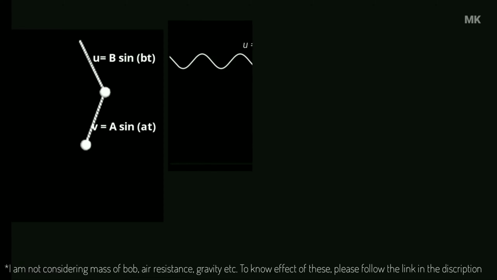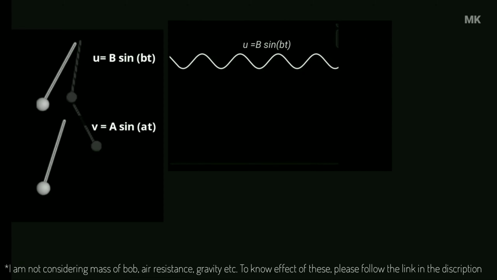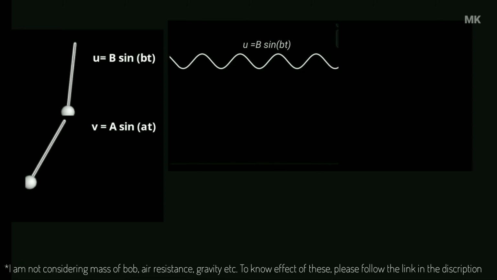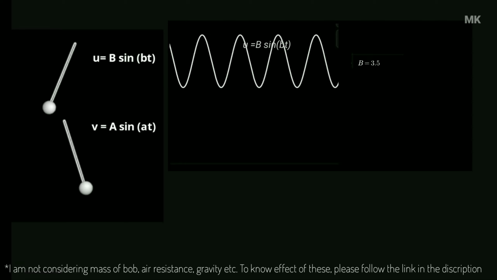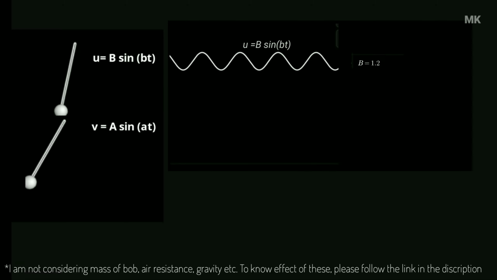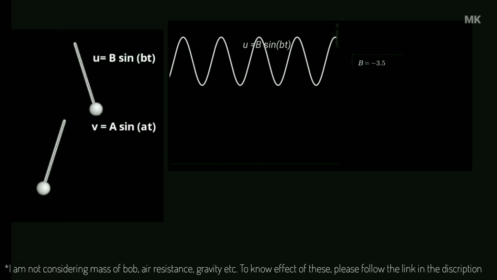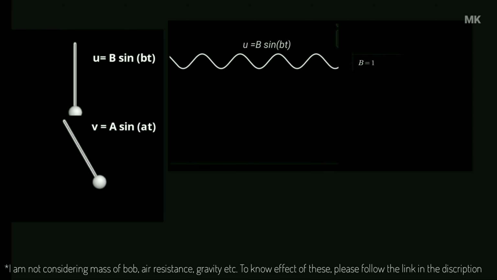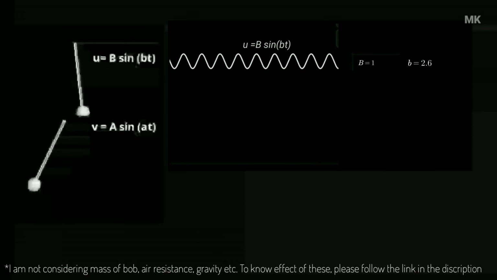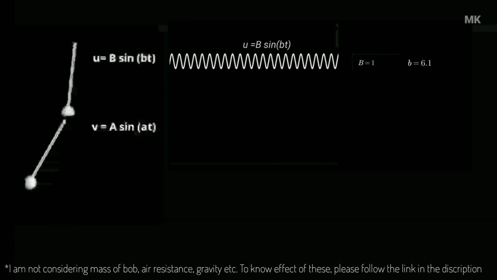Before attaching them to each other, let's check their variables. If I vary the amplitude b, you can see that its amplitude is varying. And if I vary frequency b, it's getting denser or rarer.